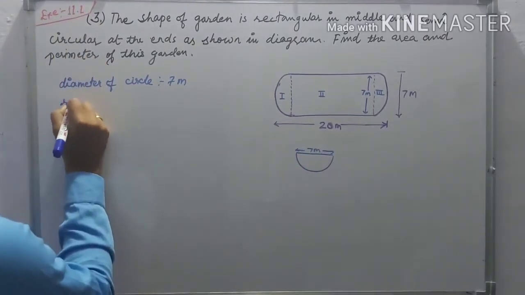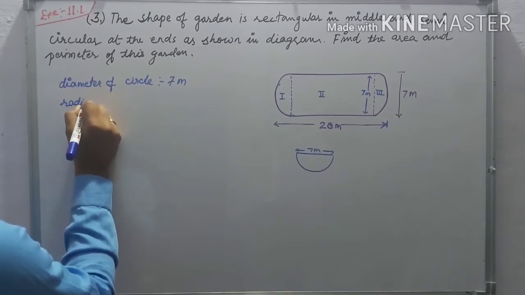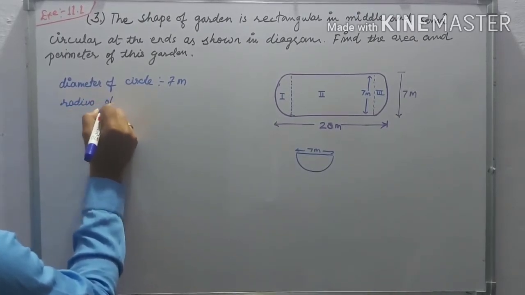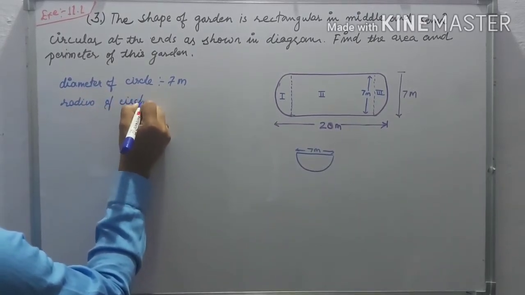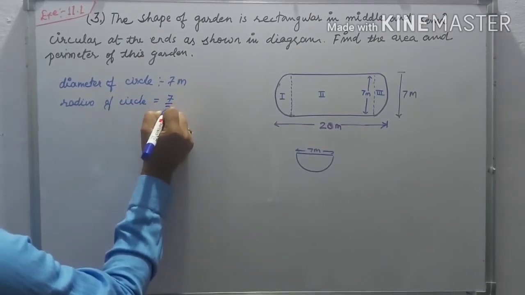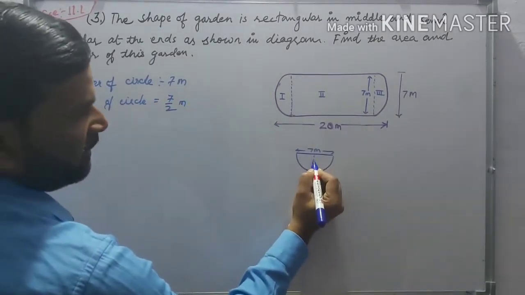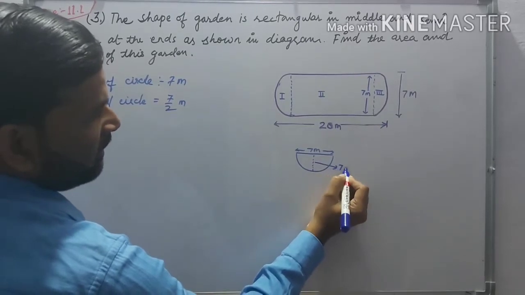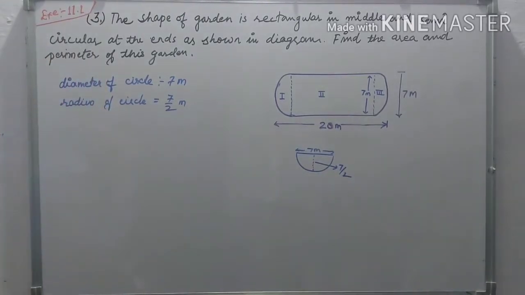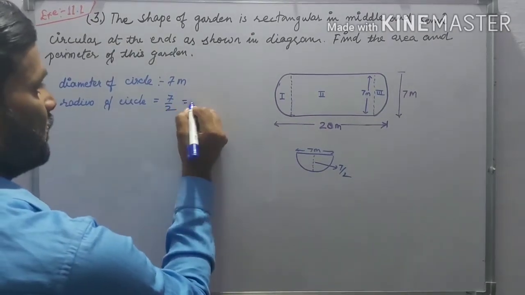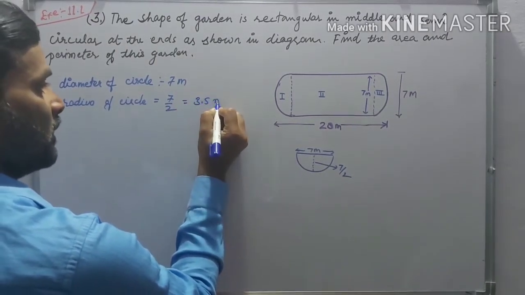It means this is the diameter, so the radius of the circle is 7/2 meter. This radius is 7/2. Okay, 7/2 means 3.5 meter.